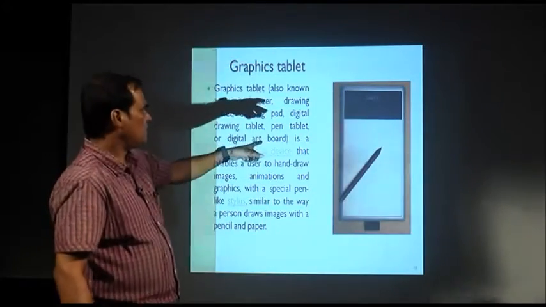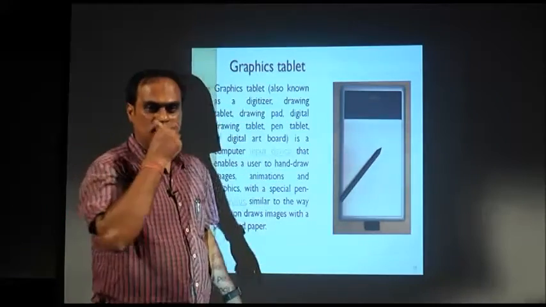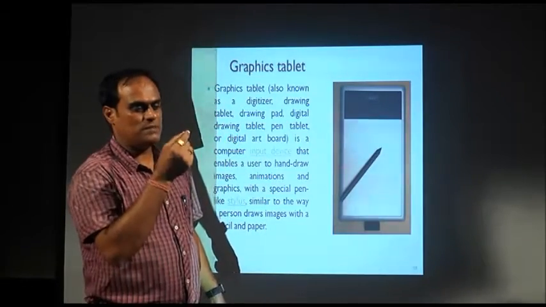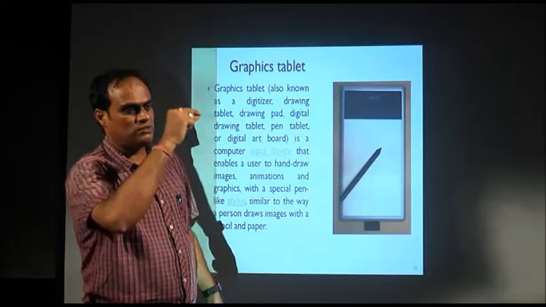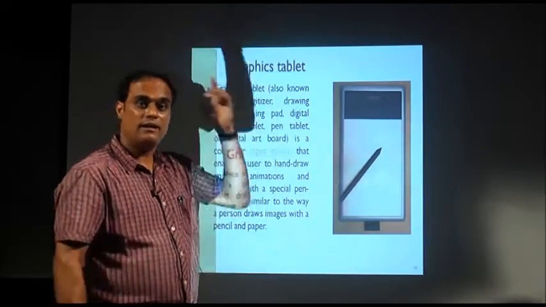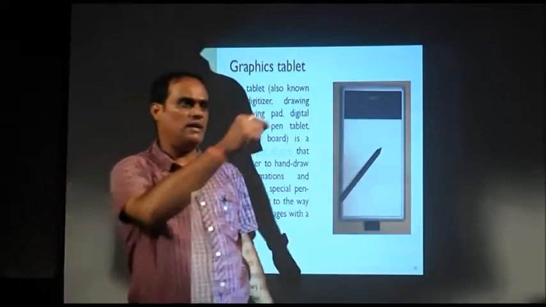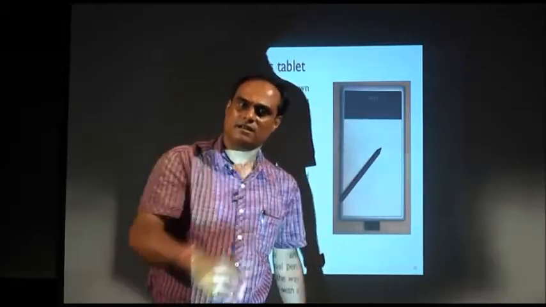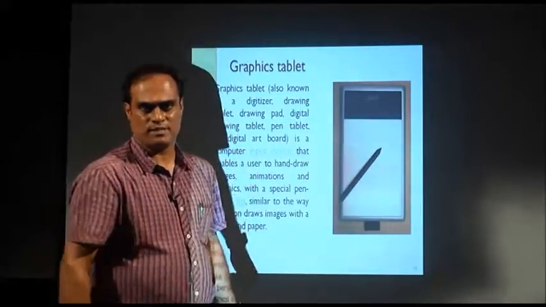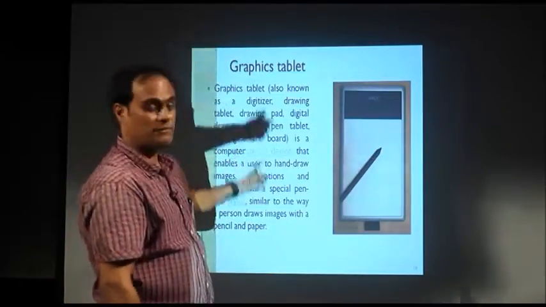It looks like this: one pen is there and a pad is there. Whatever you draw is digitally converted as input. Suppose you want to give the shape of an elephant, you just draw it and it is given as input. So these are graphical input devices, and that's why its name is graphics tablet.